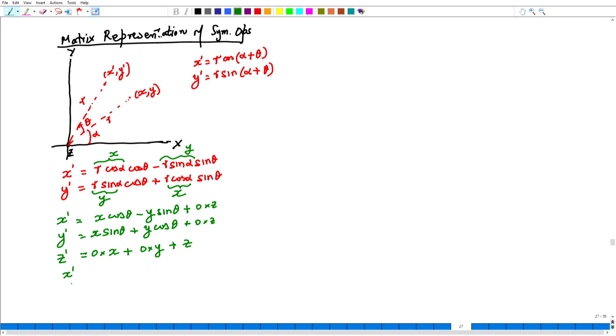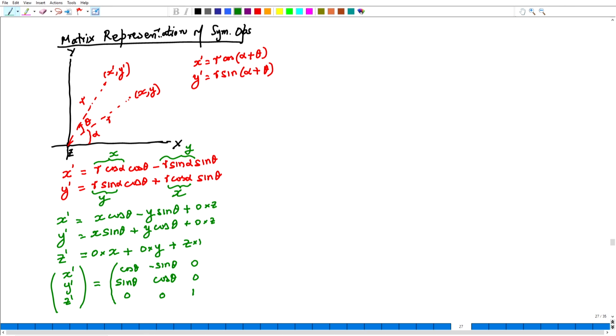So, one writes x prime, y prime, z prime. This is a column matrix, and then there is a 3 by 3 matrix: cos theta, minus sin theta, 0, sine theta, cos theta, 0, and from the third equation I will have 0, 0, and basically z is being multiplied by 1.